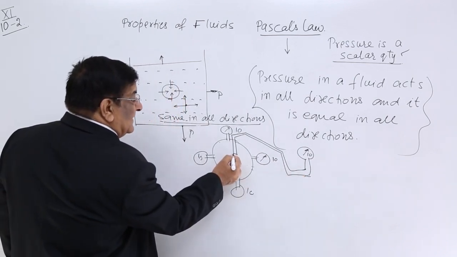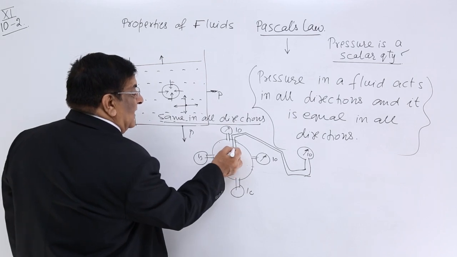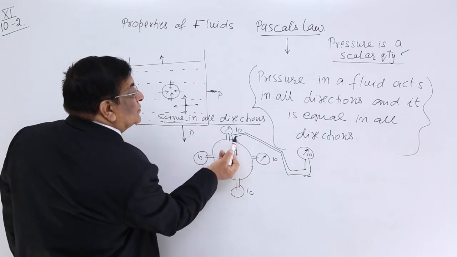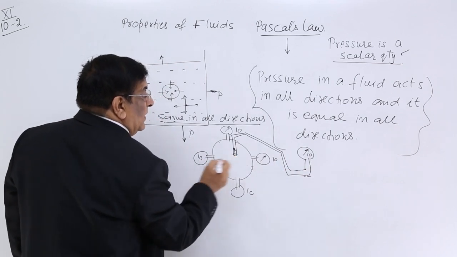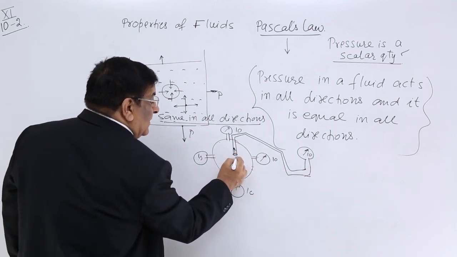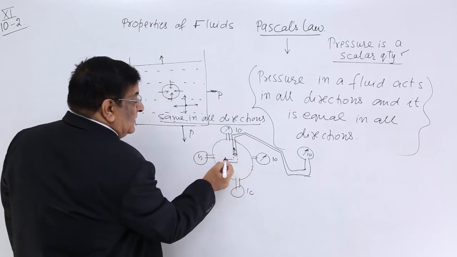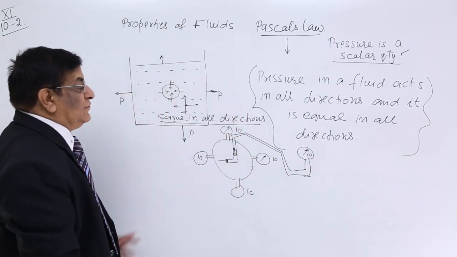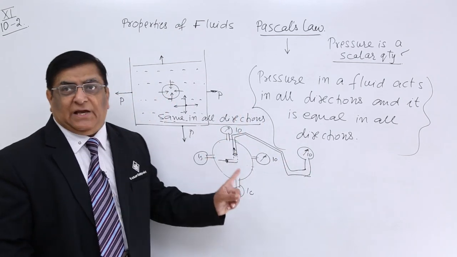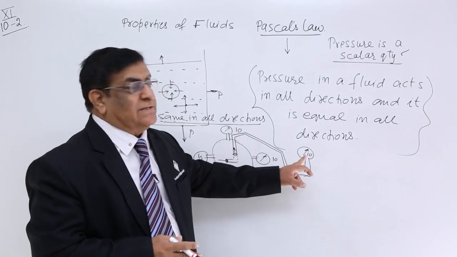At this face, what is the direction of pressure? Answer, this is the direction of pressure. So if I put this pipe this way, here is the opening, then this is the direction of pressure, that is also 10. So at any point inside, in any direction inside, the pressure is the same.